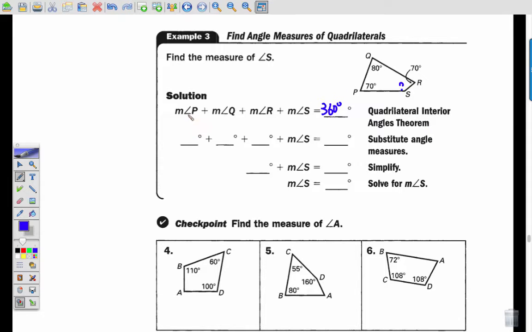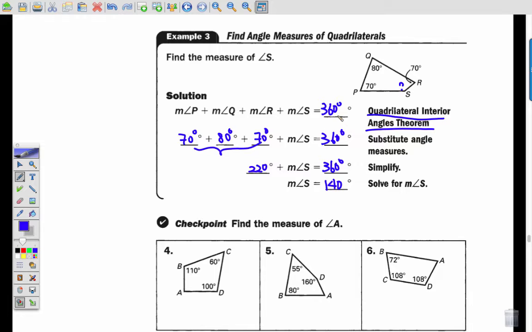Now, if I just replace one by one, the angle measure for P is 70, for Q is 80, for R is 70, and I don't know S, and the total I know is 360. Now if I add the three together, I have 220 degrees, and that's still 360. And if I subtract 220 on both sides, I end up having 140 degrees. So by using the quadrilateral interior angles theorem that we just learned, I found out the last interior angle that was unknown to me.